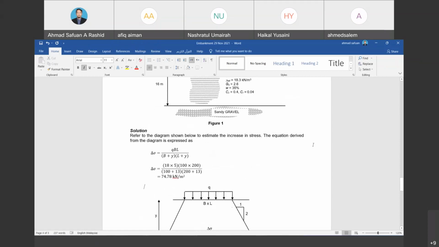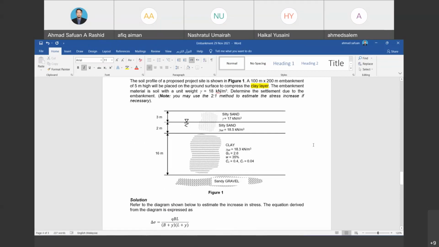This is the properties of the soil. We have a silty sand with different soil properties due to the groundwater level.